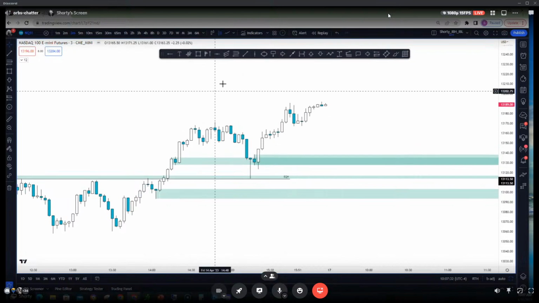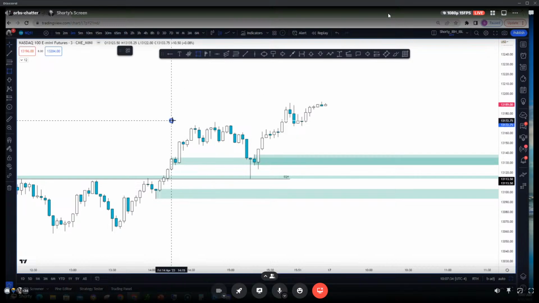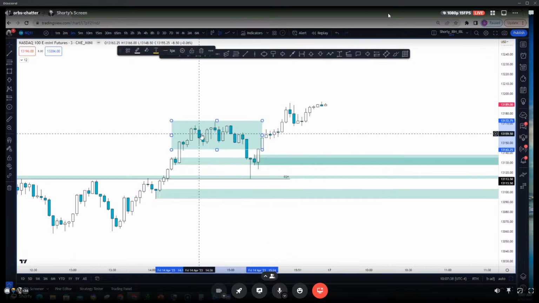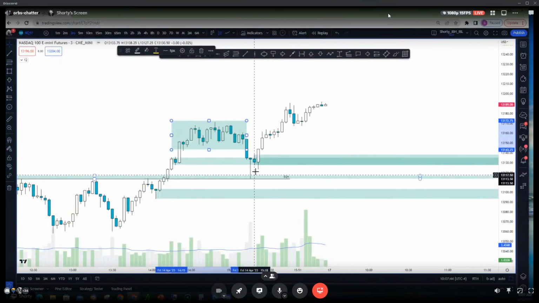They consolidated here, and they did what from here? They sent it lower. I don't know how the volume was. The volume here was pretty good. At 3 o'clock they sent it lower, and then they defended the SR and then they manipulated.